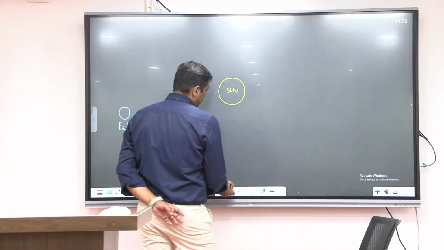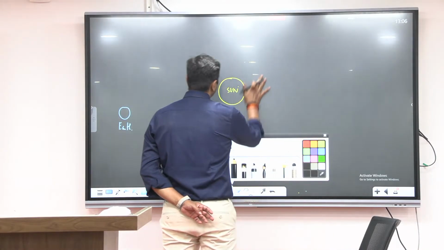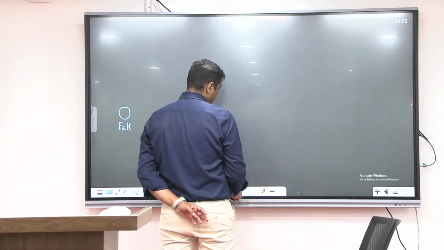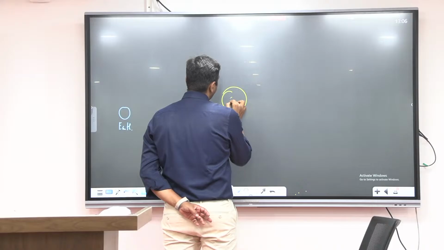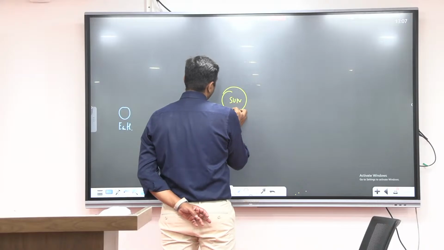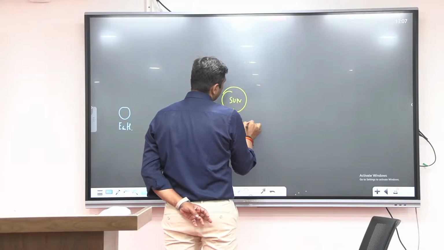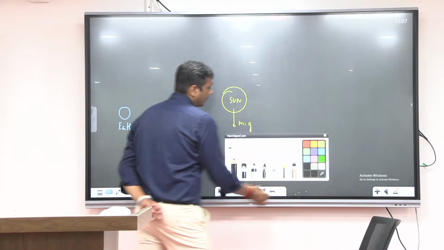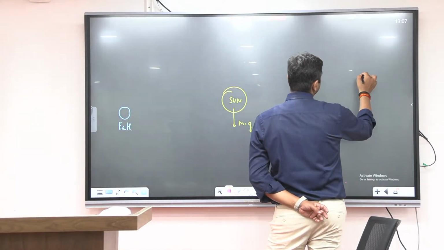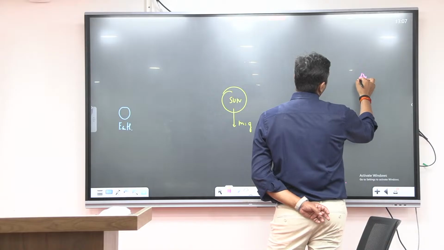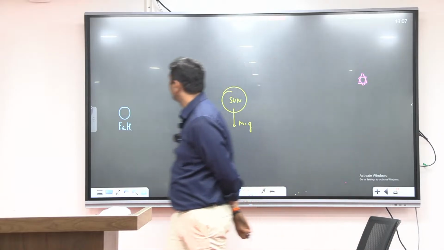And this sun has gravity, mass and gravity. This is one of the stars, here.